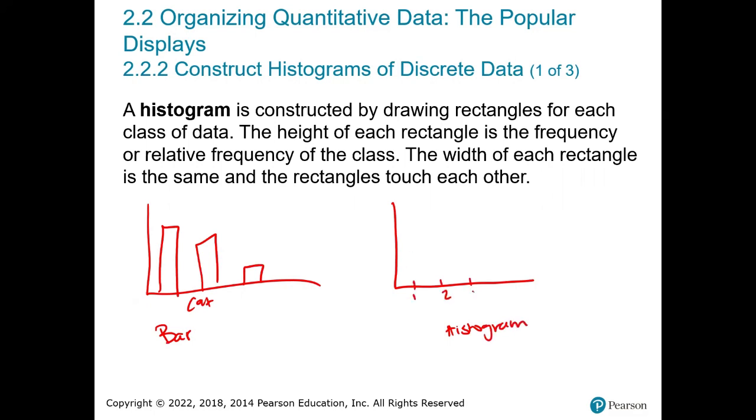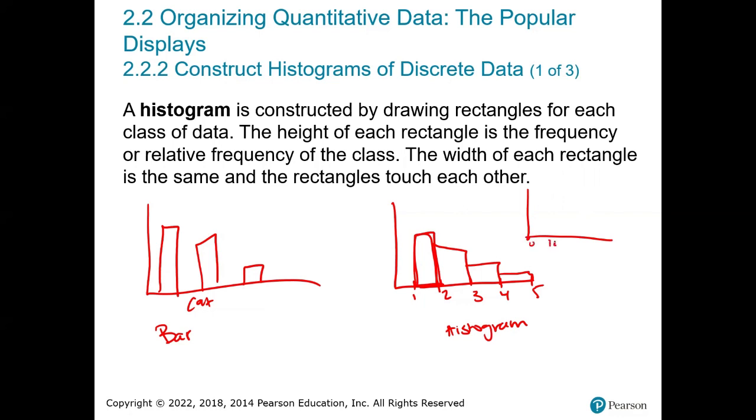1, 2, 3, 4, 5. And what's going to happen is the bars, as they're drawn, are going to touch each other because we are graphing on a numeric scale. Okay, a histogram will let us graph individually like this, or we can graph groups of data together.